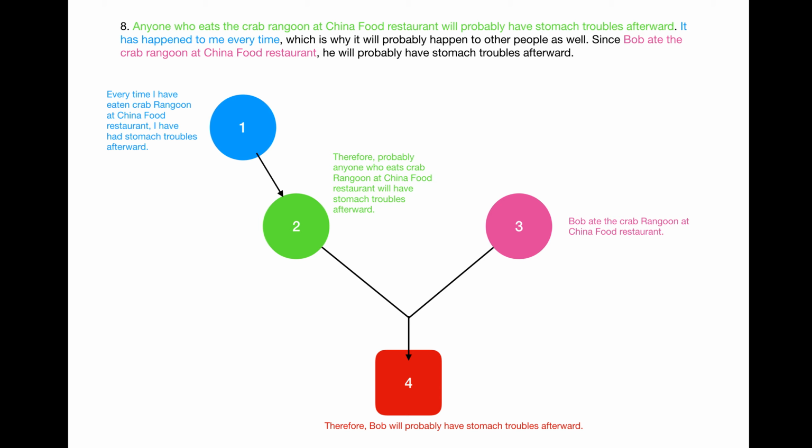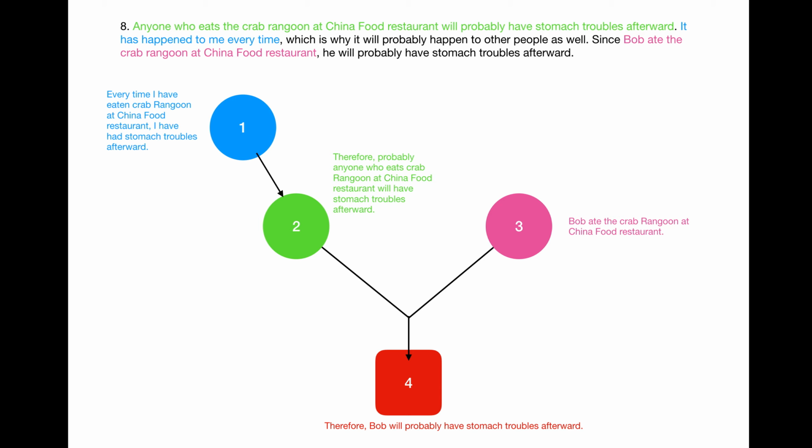We can't go from 1 to 4. Every time I've eaten crab rangoon at China food restaurant, I have had stomach troubles afterward. Therefore, Bob will probably have stomach troubles. Well, we have no evidence that Bob has even eaten there, okay? So we go from 1 to 2. From 2 to 4, we have that same problem. We don't know that Bob's eaten there yet. Now, if we just went 3 to 4, Bob ate the crab rangoon at China food restaurant, therefore Bob will probably have stomach troubles afterwards.